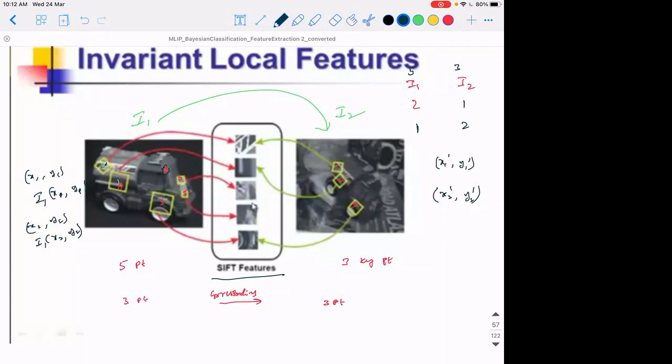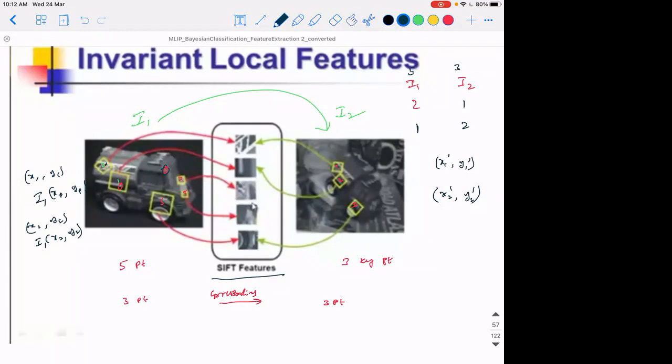To establish correspondence, we should look at the bounding boxes around each of these locations, the small patches or image neighborhood. Do you agree with it? Is that clear? Yes, sir.